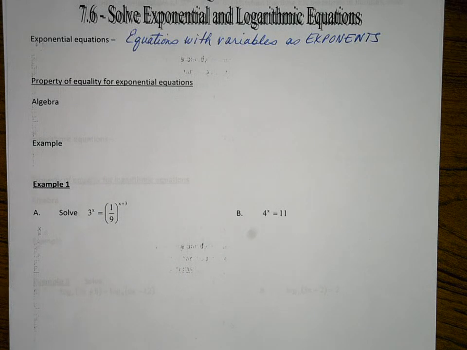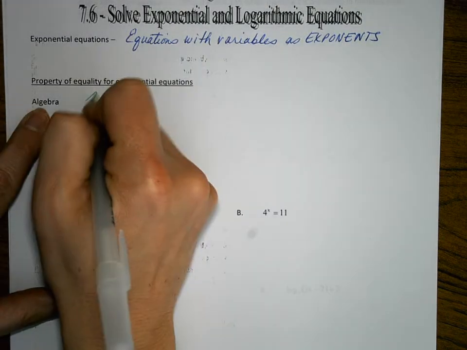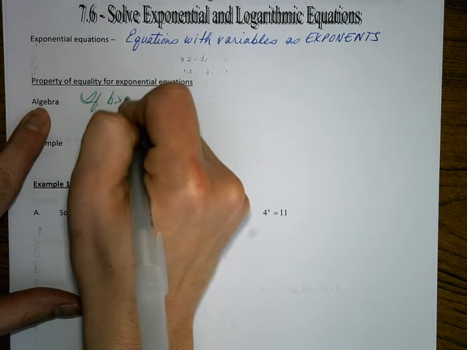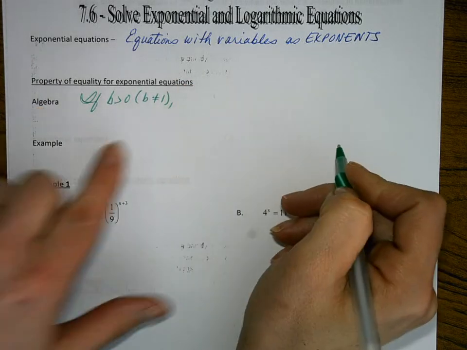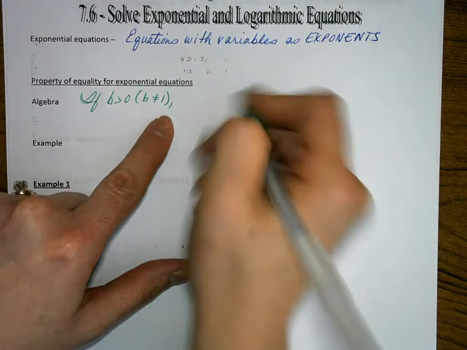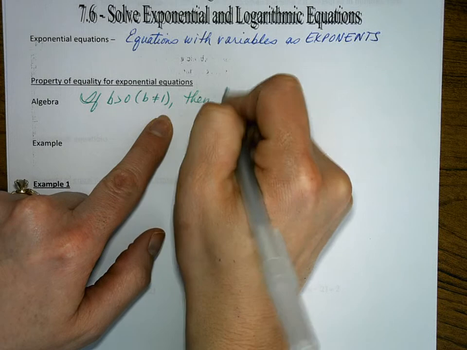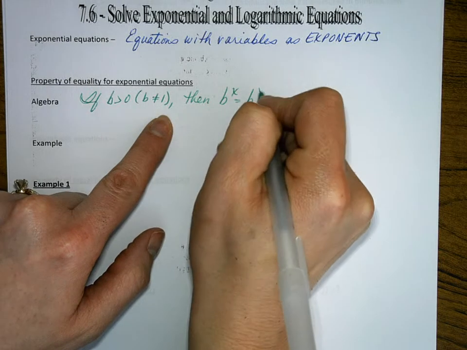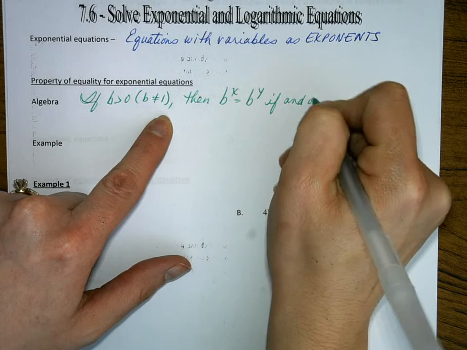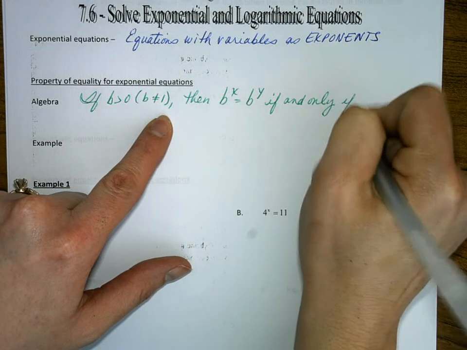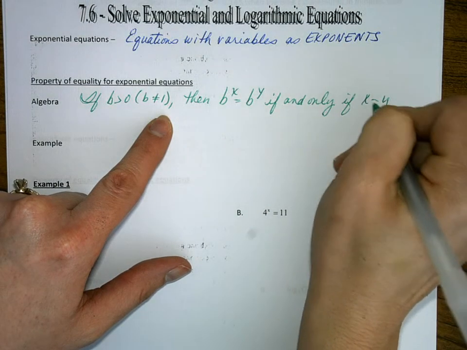Now, a couple properties here. Property of equality for exponential equations. All right, if b is greater than 0 and b can't be 1, remember b is the base of the exponent, then b to the x equals b to the y if and only if, goes both ways, x equals y.